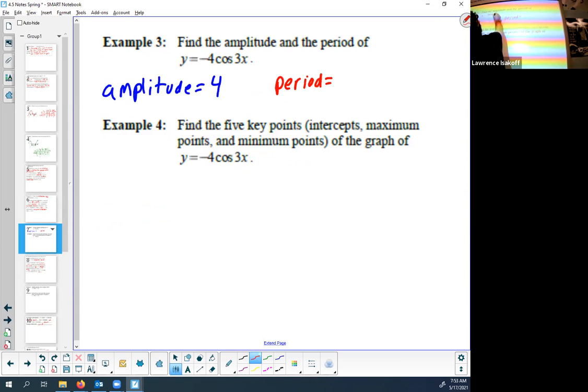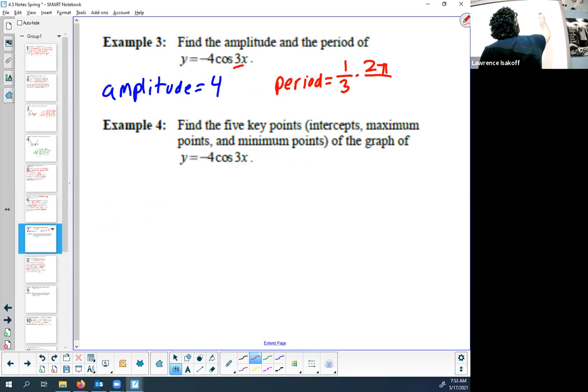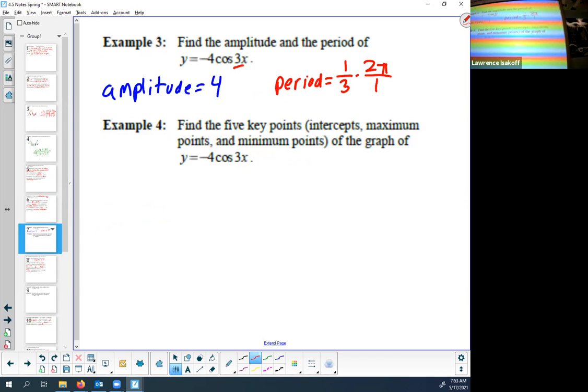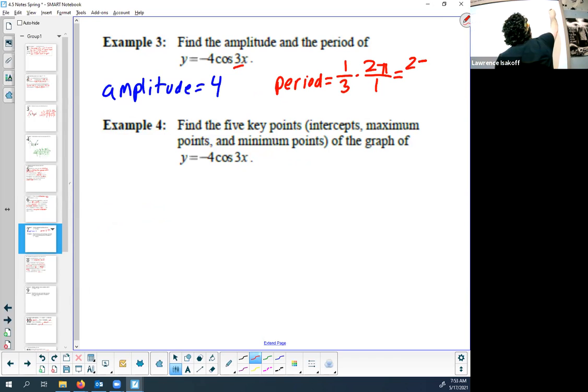The period, since that has a value of 3, is going to be 1 over 3 times 2 pi over 1. So really my period now becomes 2 pi over 3.